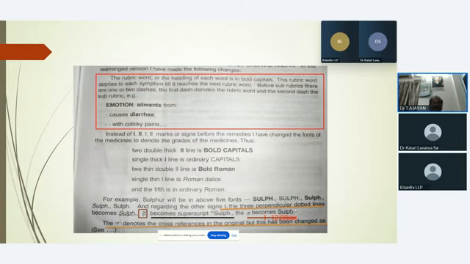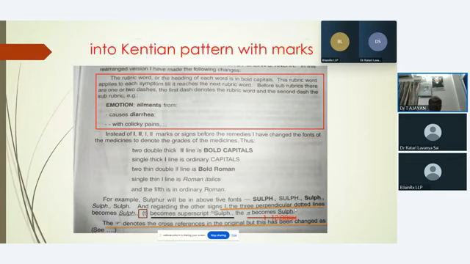These are the typographic markings in the original repertory and in the revised edition of Sivaramakrishnan. In Sivaramakrishnan, all these lines, the double thick and single thick, are changed respectively to bold capital, ordinary capital, bold Roman, Roman italics, etc. The typography is changed to the Kentian pattern. Why is Sivaramakrishnan changed to these typographic markings?